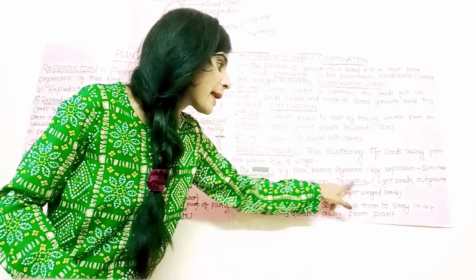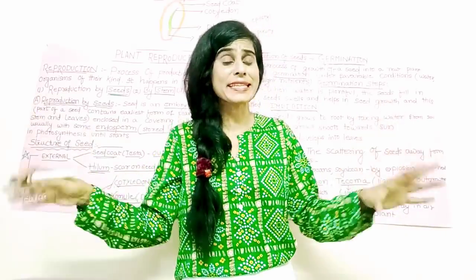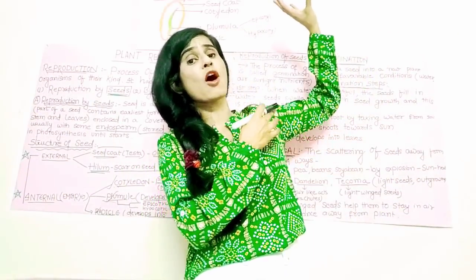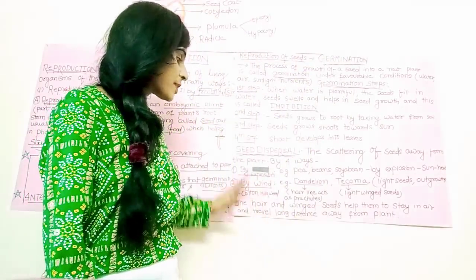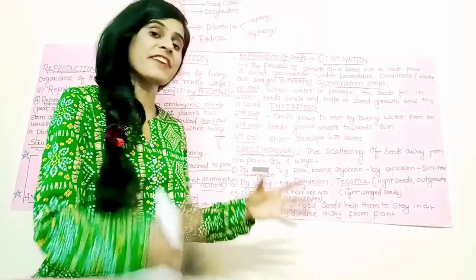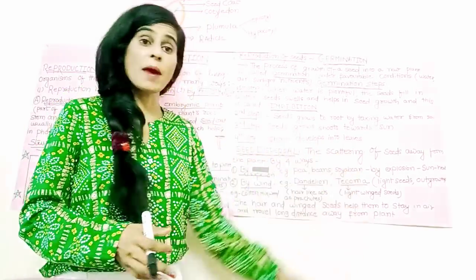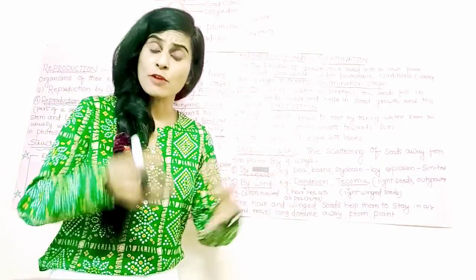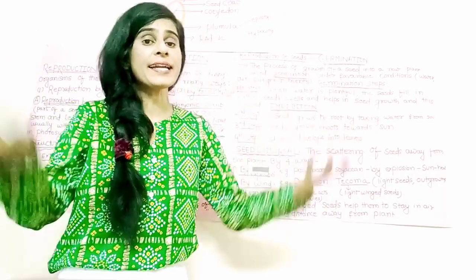And tecoma has winged-like seeds, which means they can easily fly in the air, stay in the air and finally get dispersed far away from the parent plant. This is all because they are very lightweight. The seeds of dandelion, tecoma, cotton and milkweed are very lightweight. They can stay in the air and then get dispersed.